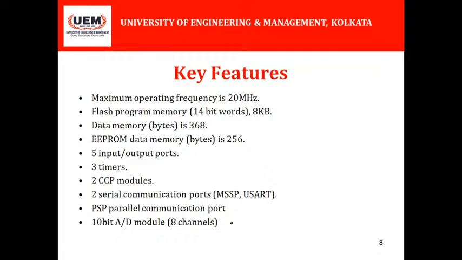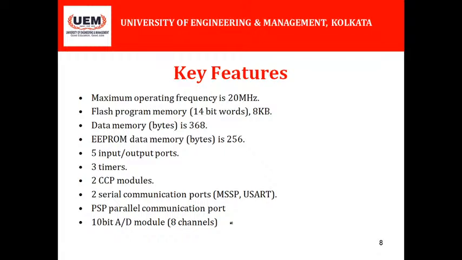Flash program memory. 14-bit words can be stored in the flash program memory, which typically stores the necessary program to compute any kind of job in the microcontroller. 8 KB size is there. That means total size of this memory is 8 KB.